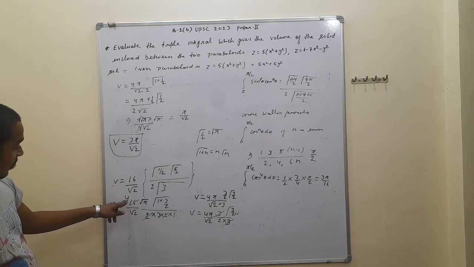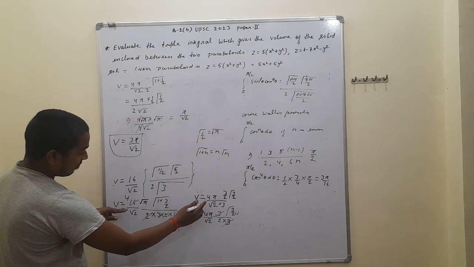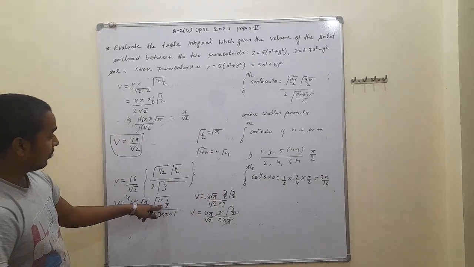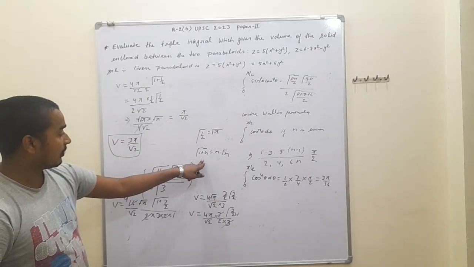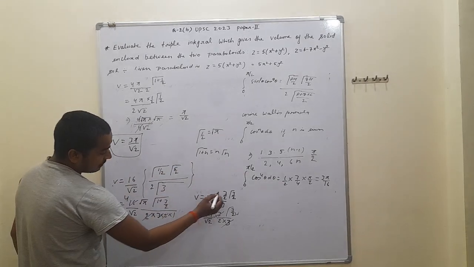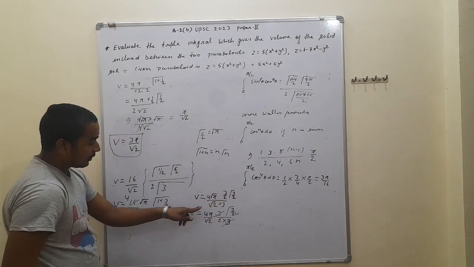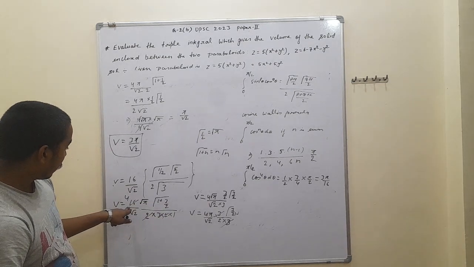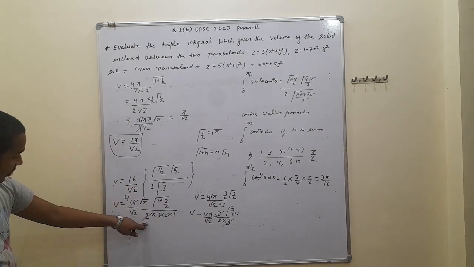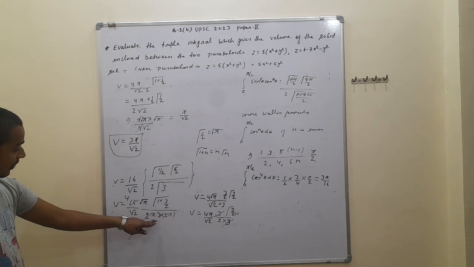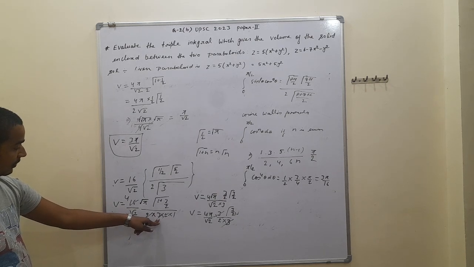From here, that is 4 root pi, and we can also use the formula gamma 1 plus n is equal to n gamma n. So we write 3 by 2 into gamma 3 by 2, and here 2 and 2 cancel out. 2 fours are 16, and the remaining is 3.